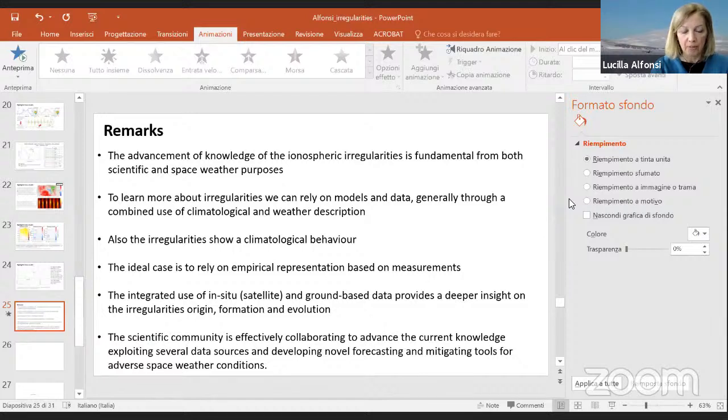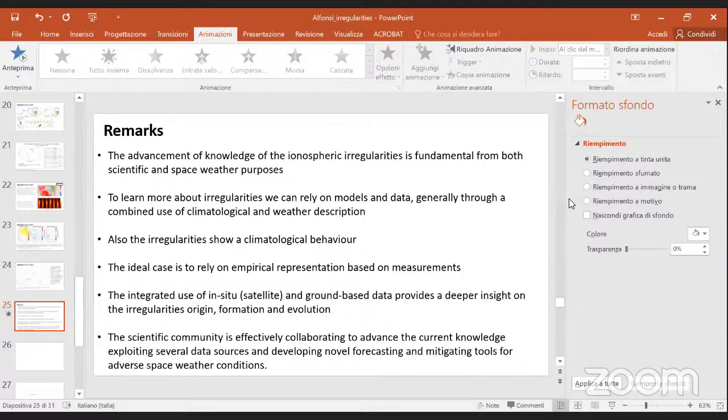Or you can have a fast-moving irregularity, so you can see it only for a few minutes in the area of interest. And it's very related also to the location that you are investigating. For example, at high latitude you have in general a faster evolution, while at low latitude the evolution is slower. But again, it depends on the condition case by case.